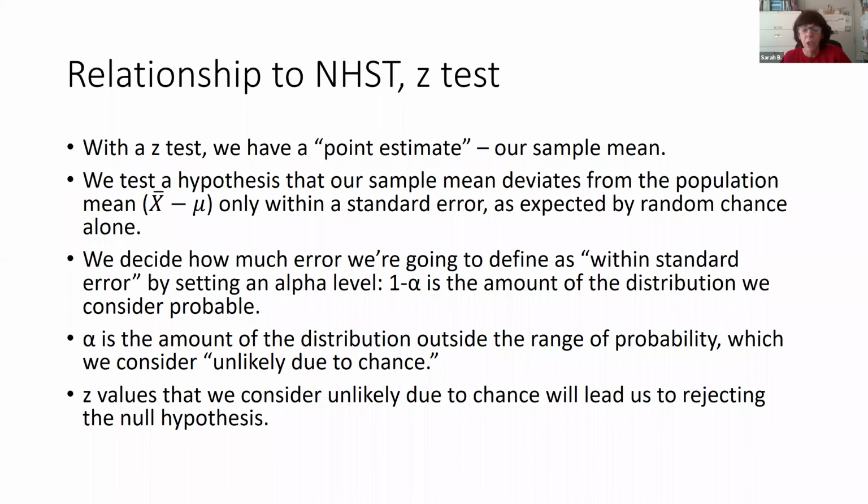Some people even say tolerance. And we do that by setting an alpha level. 1 minus alpha is the amount of the distribution we consider. So if alpha is 0.05, then 1 minus alpha is 0.95.